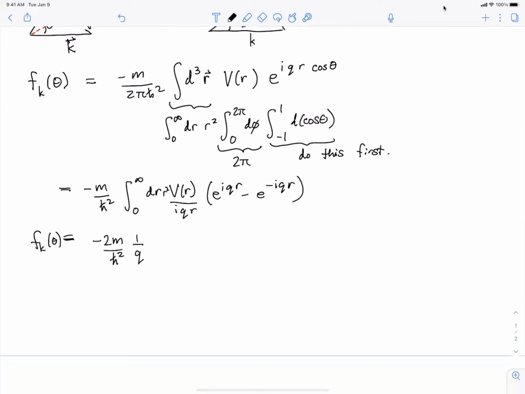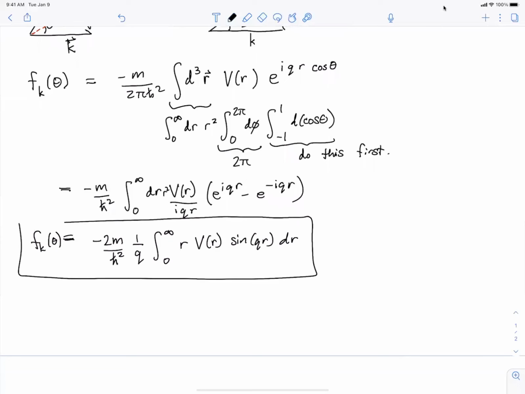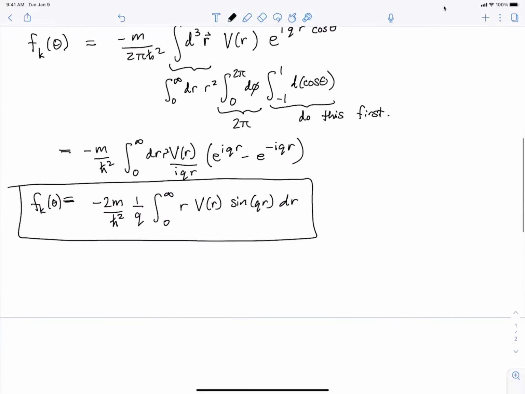There's a factor of 1 over q. And then there's an integral 0 to infinity r times v of r times sine qr dr. Okay, so we've boiled everything down to doing a nice simple integral, or relatively simple integral.